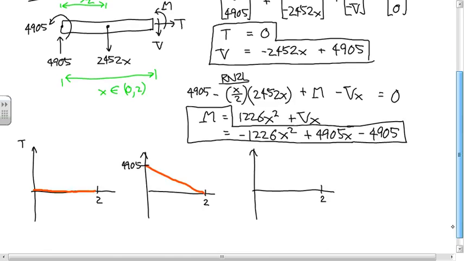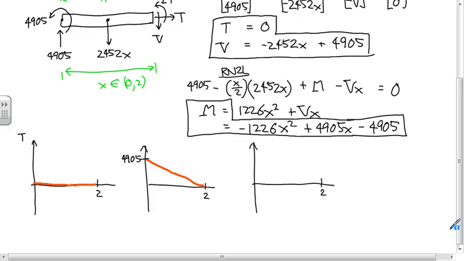Okay, so what's the value of the bending moment when x is equal to 0? Negative 4905. And the peak, it must peak a little bigger, right?